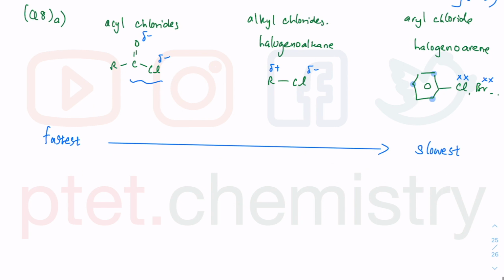In terms of your reason, first of all, halogenoarene first. As I mentioned, the lone pairs on the halogen bonded to benzene actually delocalize into the benzene ring.